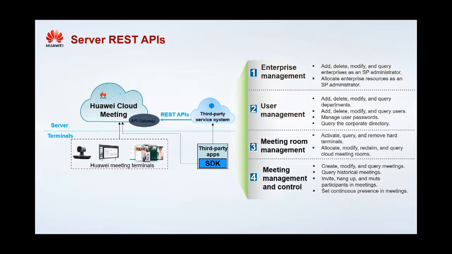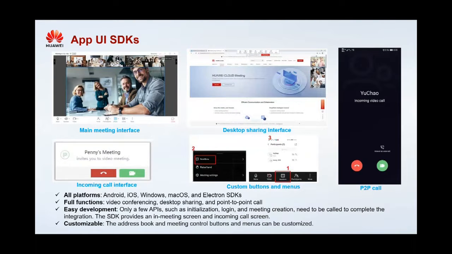Next, we will see the capabilities provided by REST APIs on the server side. Through Huawei Cloud API Gateway, developers can obtain the capabilities of enterprise management, user management, meeting room management, meeting management, and control from REST APIs on the server side.